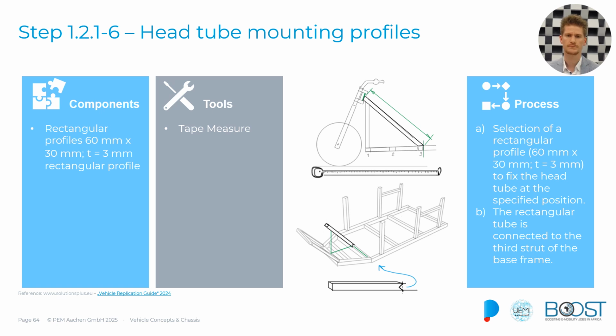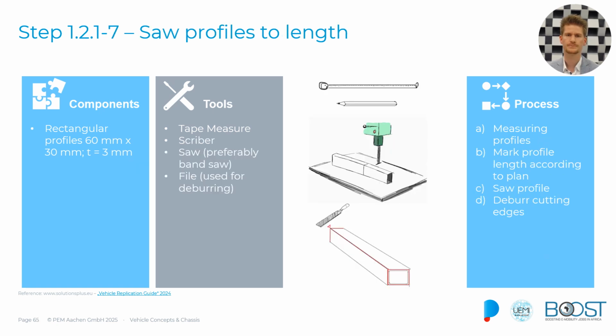As you can imagine, we're then proceeding by sawing the profiles to length. So again, we have a scriber to mark it, and then file and saw, and do so as done before. So once we have sawed it, we will deburr the sawing edges for fitting perfectly and nicely.